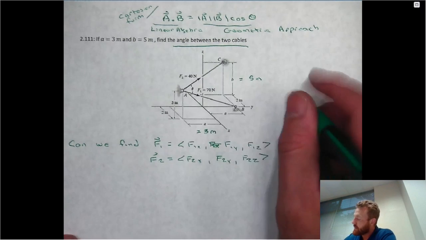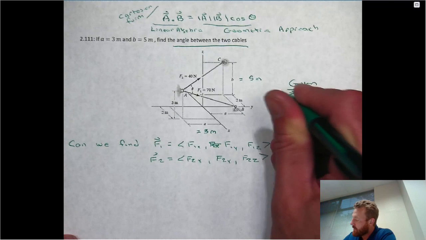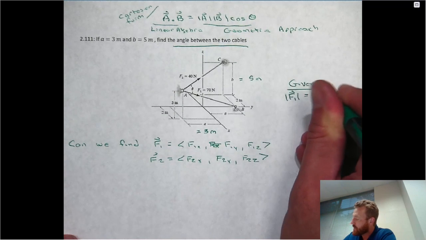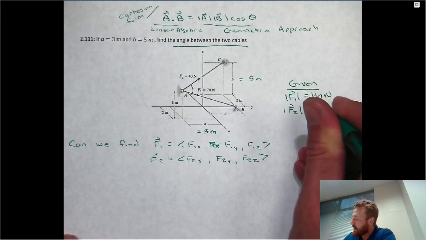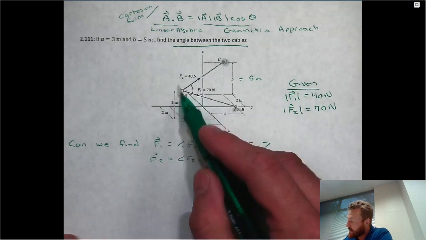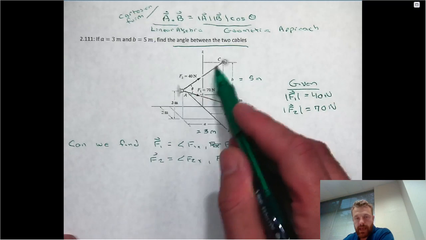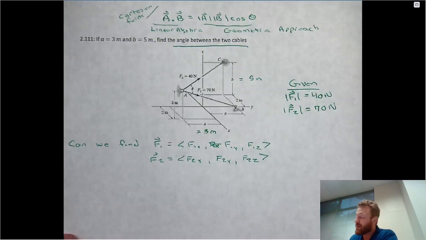If you notice, for both of these vectors, F1 and F2, we're given their magnitude. The first vector F1 has a magnitude of 40, and the second vector F2 has a magnitude of 70. So really, all that we need to do is find an expression for their direction. In this case, they're forces exerted by a cable, so we know their direction is really well defined.